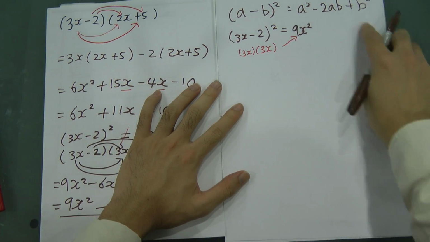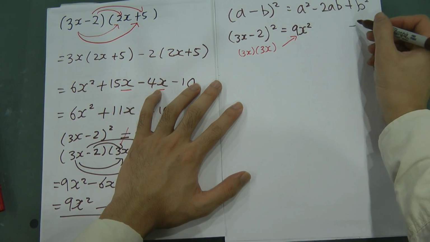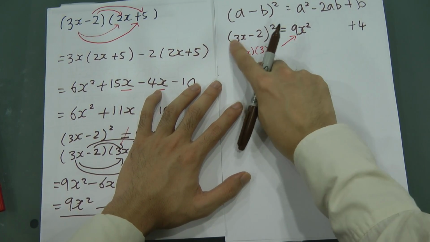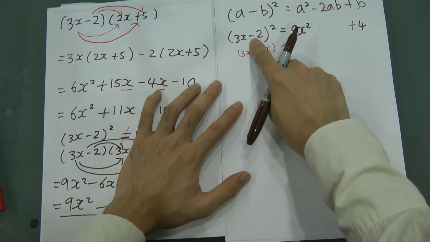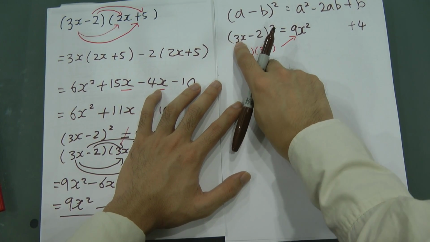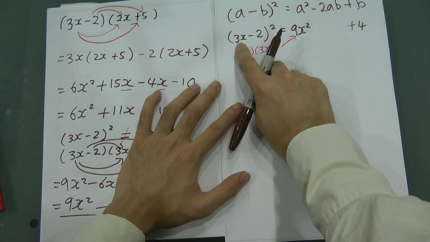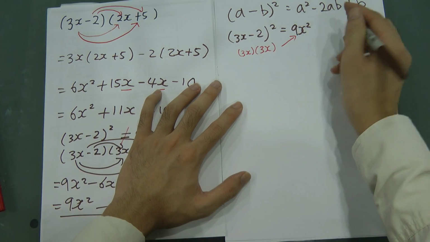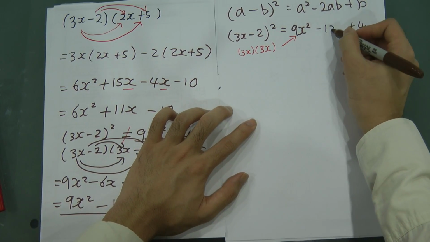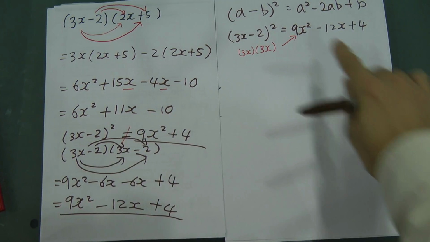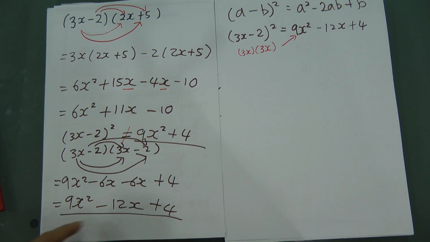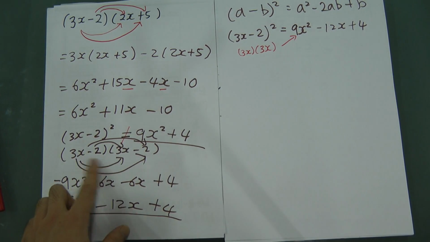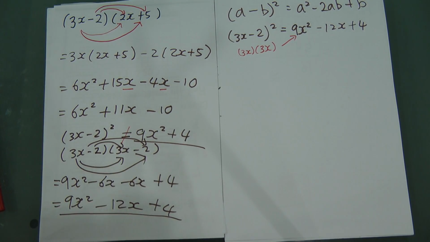And then the last one here is negative 2 multiplied by negative 2, we get positive 4. Okay, and then the middle one is 2ab, 2 multiplied by a multiplied by b. 2 multiplied by 3x, we get 6x. 6x multiplied by negative 2, we get negative 12x. See, this equation and this equation are the same. This is the faster way to straight away open up. It means you don't need to do this step, (3x minus 2) multiplied by (3x minus 2).